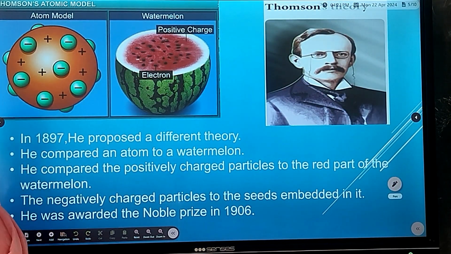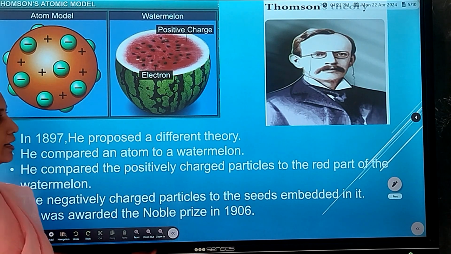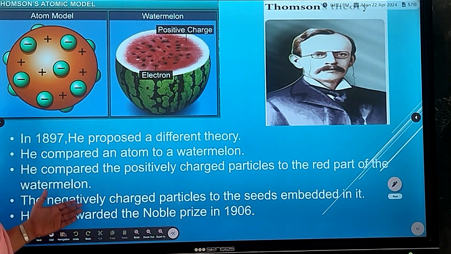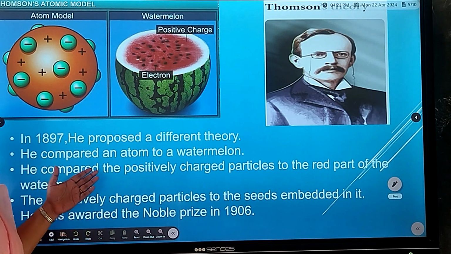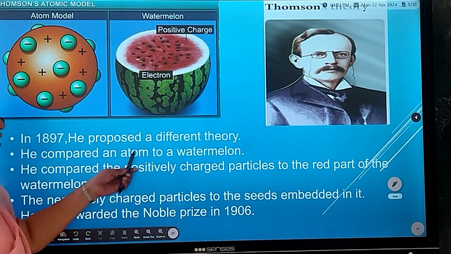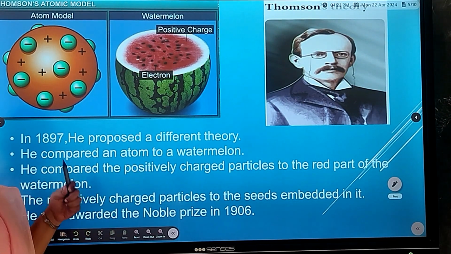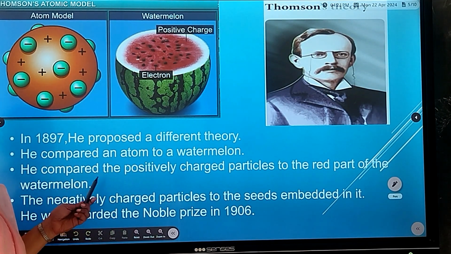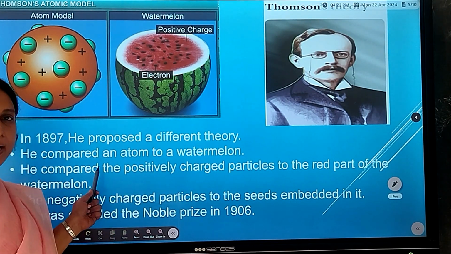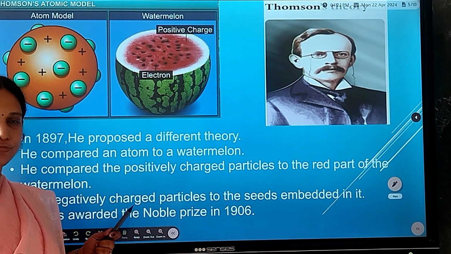Next, coming to Thomson's atomic model. He is a scientist named Thomson, and these are the postulates of his experiment. In 1897, he proposed a different theory than Dalton. He compared an atom with a watermelon fruit.